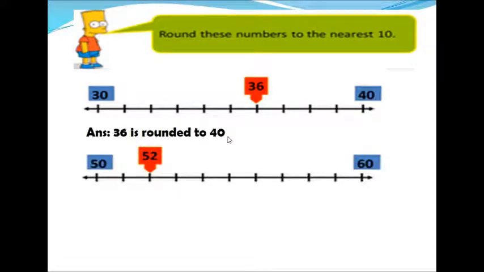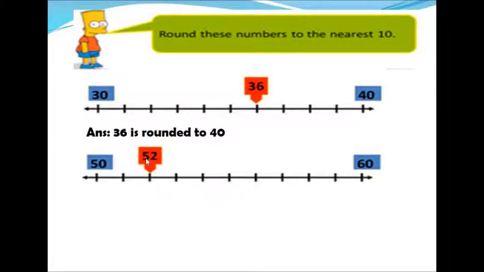Let's take another example, 52. The number 52 falls between 50 and 60. And 52 is very near to 50 and it's quite far away from 60. Whereas the rule also says a number which ends with 2, 3, 4 or 1 will be rounded to the same tens, and the same 10 over here is 50.